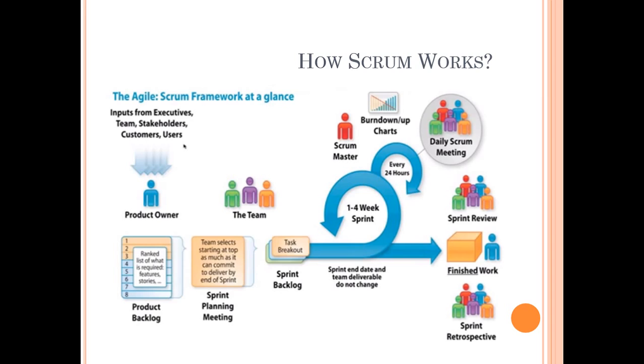Then once all the requirements are prioritized, the product owner defines that these are the requirements we have to take up for development for the first iteration or the first sprint.